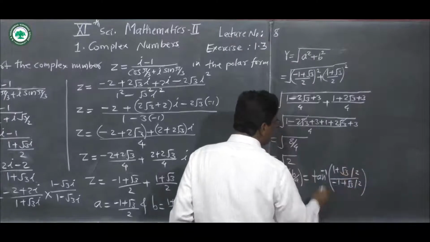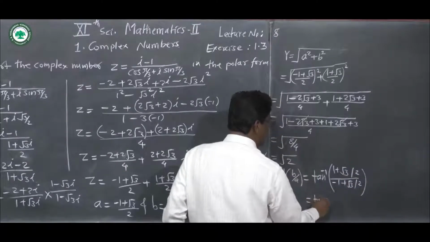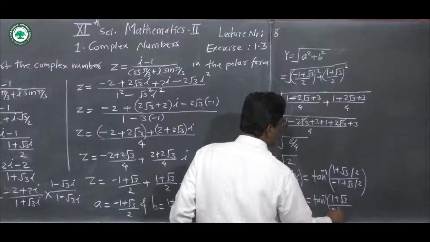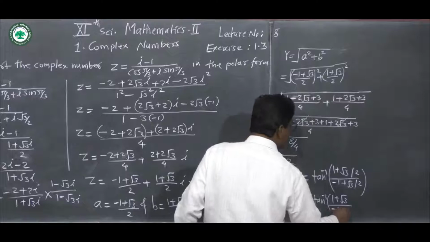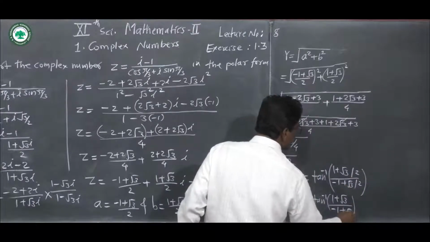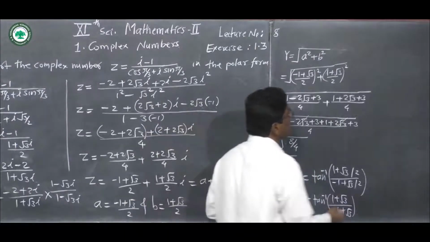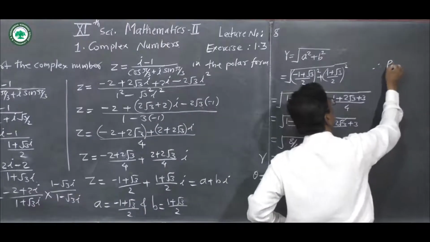We remove these 2, so it is equal to tan inverse of 1 plus root 3 divided by minus 1 plus root 3, because these 2 and 2 get cancelled. Okay, this is theta.